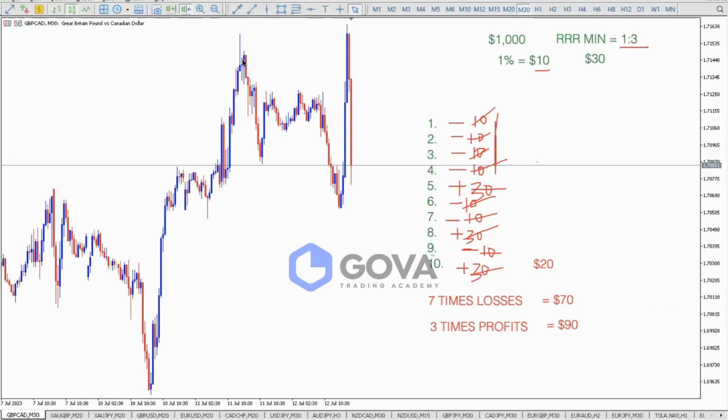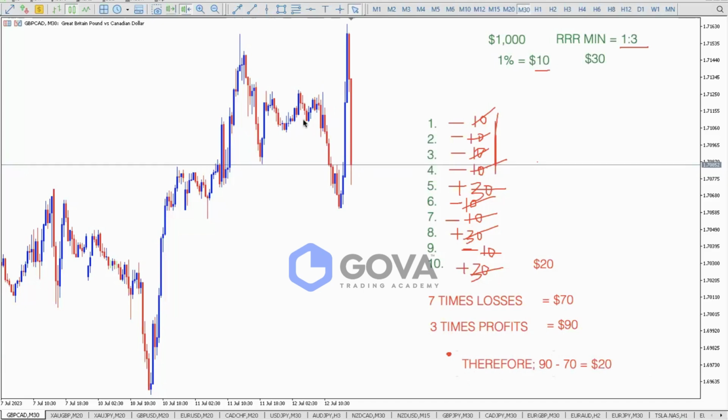So we are going to minus the 70 from the 90. Therefore, 90 minus 70 equals 20, which is the $20 that we had just the other time.